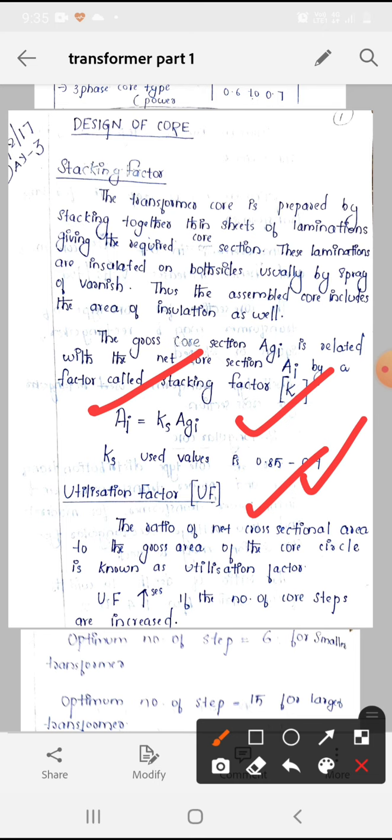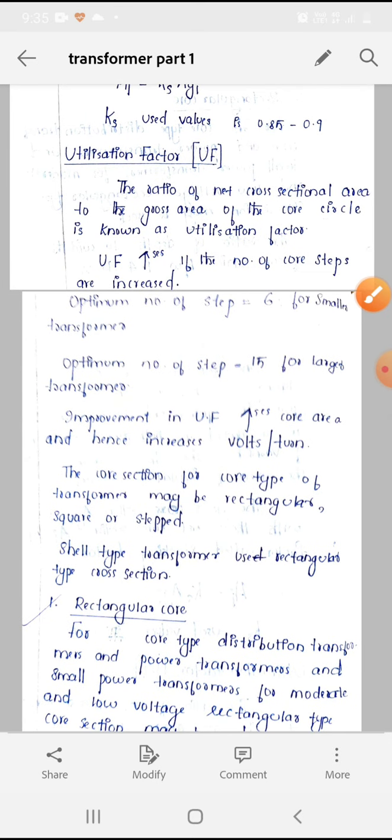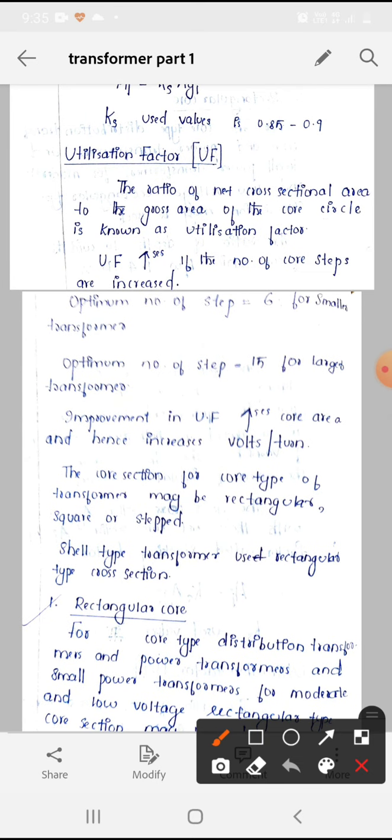Normally the utilization factor increases only if the number of core steps is increased. The optimal number of steps is normally 6 for a smaller transformer and 15 for a larger transformer. Therefore improvement in utilization factor increases core area, and therefore it increases the voltage per turn. So if utilization factor increases, it in turn increases the voltage per turn.